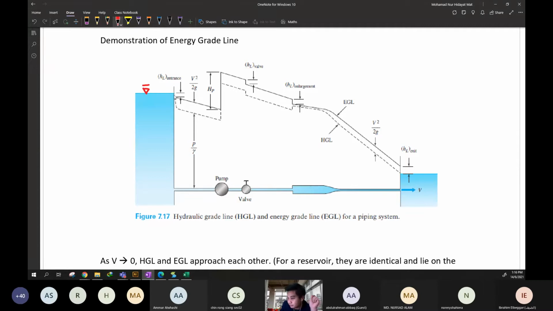We have the potential energy here, and at this point, when the fluid enters this line, where do you think the energy comes from, the move of the fluid? The water can enter due to what?